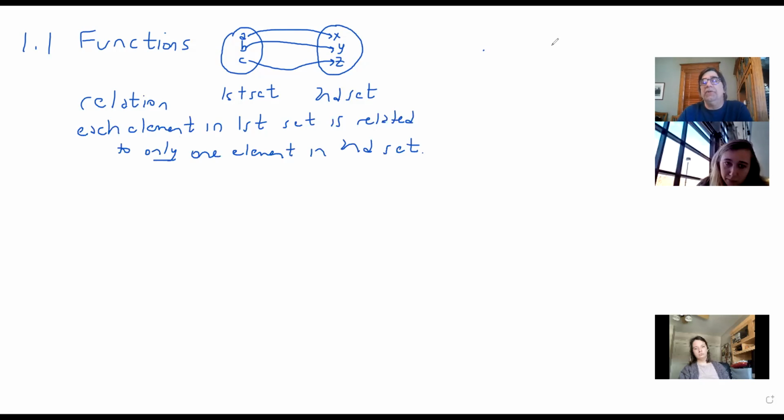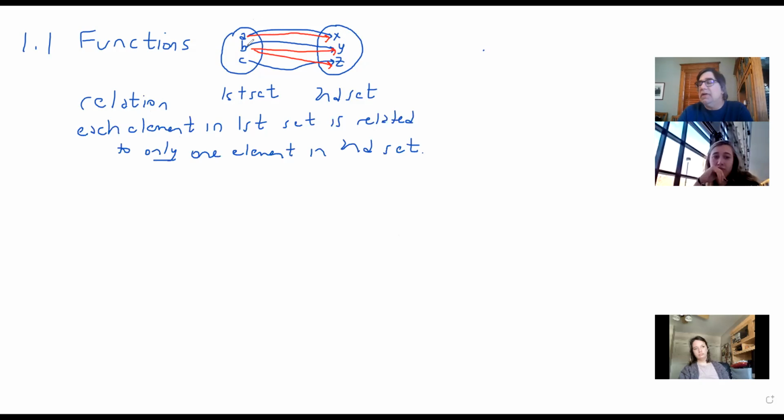So if you set up another relation, say A is related to X, B is related to Y, but B is also related to Z. So using the red arrows, that's still going to be a relation between the two sets, but is it going to be a function? What happens to element A from the first set? It is related to only one element.